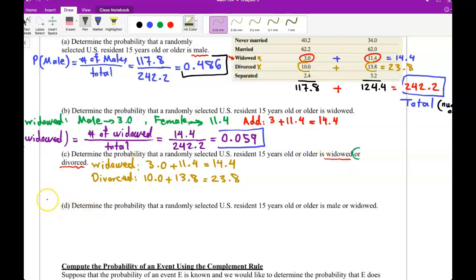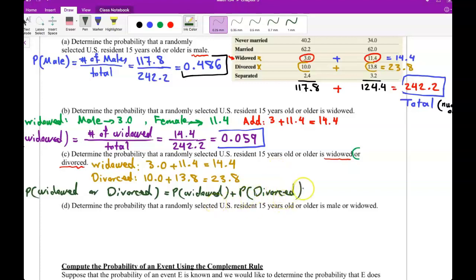Now writing the answer for this part, probability of, in between we have or. Now add each one. And between these two events we have nothing in common. So it's equal to, here for total for that group we have 14.4.